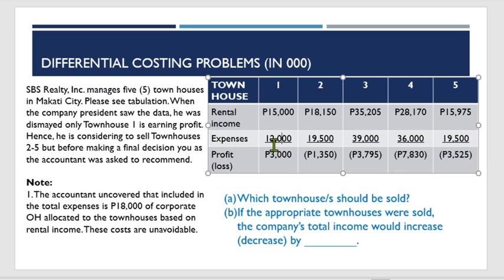The answer for item A is Townhouse 4 and Townhouse 5, because they had a negative margin or income. Townhouse 4's loss is negative 3,322.8 and Townhouse 5 is negative 969.